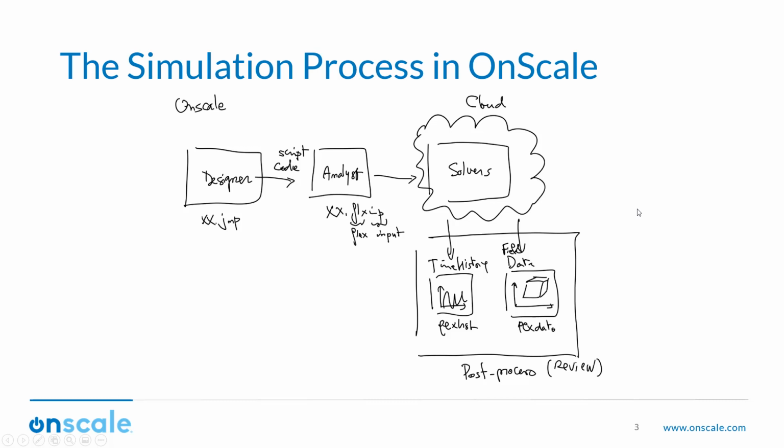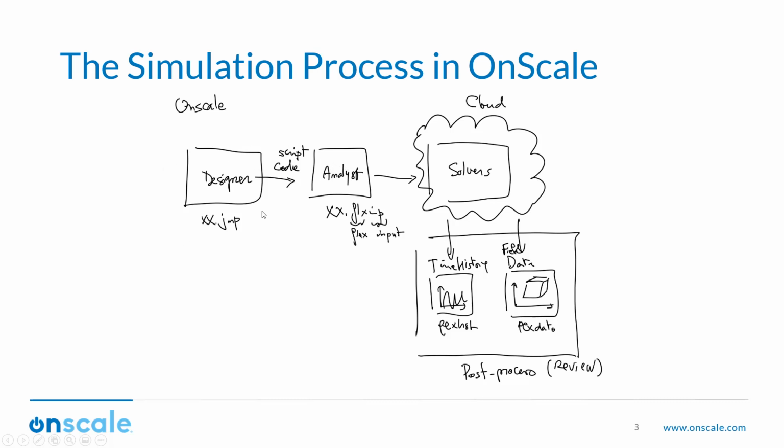So the simulation process in OnScale can be slightly different because there is a new component in it, which is the cloud. So basically, everything you send to the solver is uploaded in the cloud because OnScale solvers are in the cloud. And there are two parts, designer and analyst.